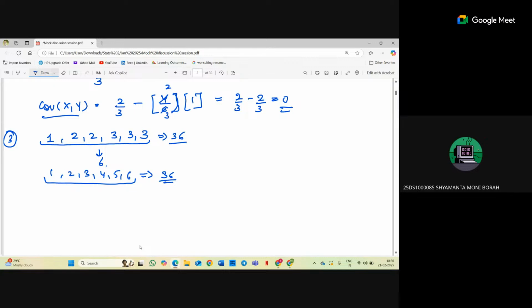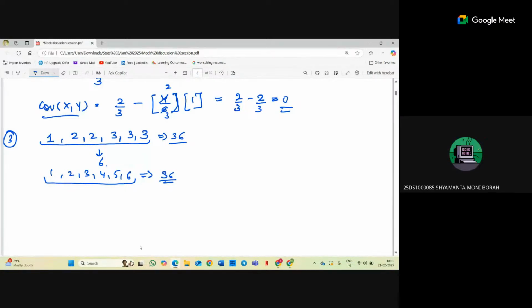Say for example, we have the event Z equal to X plus Y, where we sum both the outcomes, and we have to look for the probability of 3. Which is, in my case, 1, 2 and 2, 1.